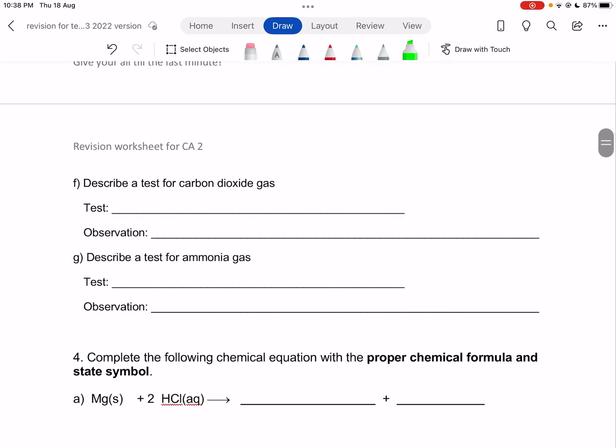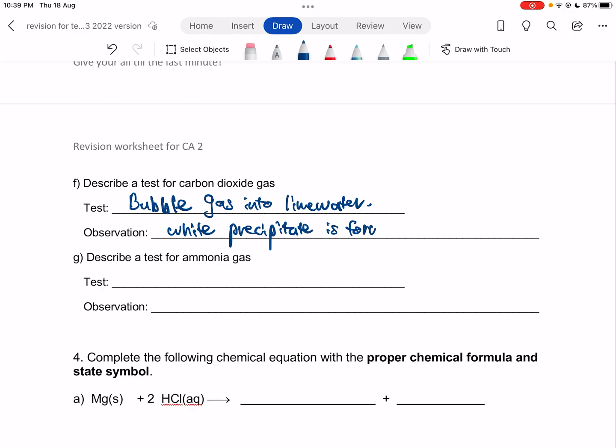Then likewise later on is carbon dioxide. So you bubble this gas into the lime water. For the observation you can say a white precipitate is formed in lime water.